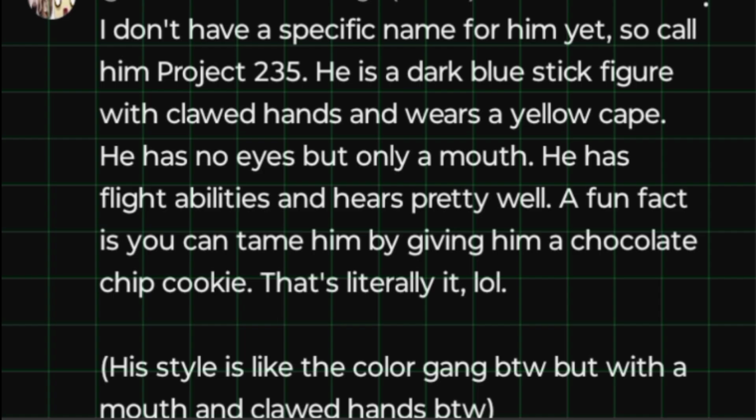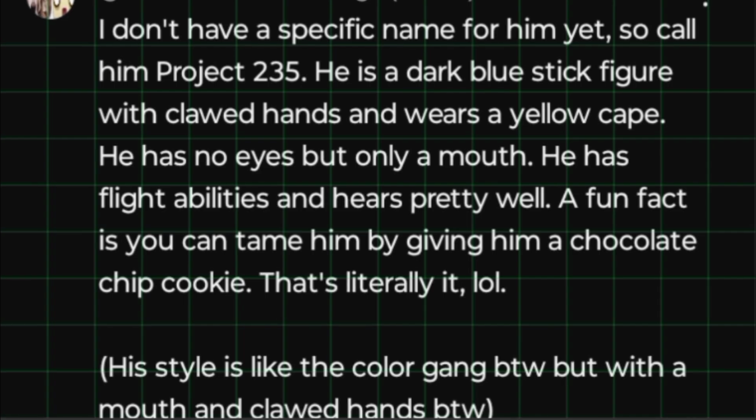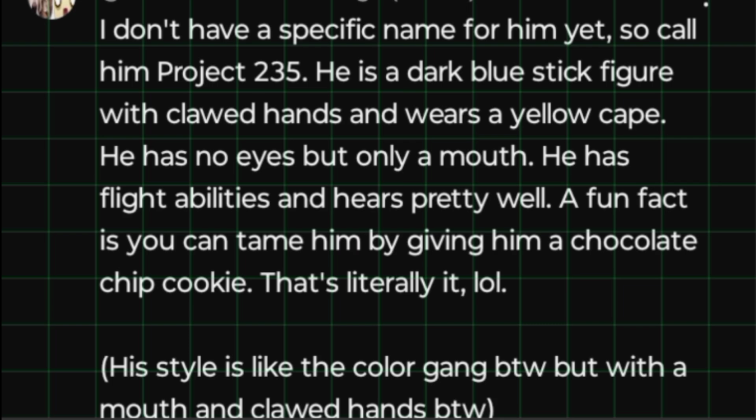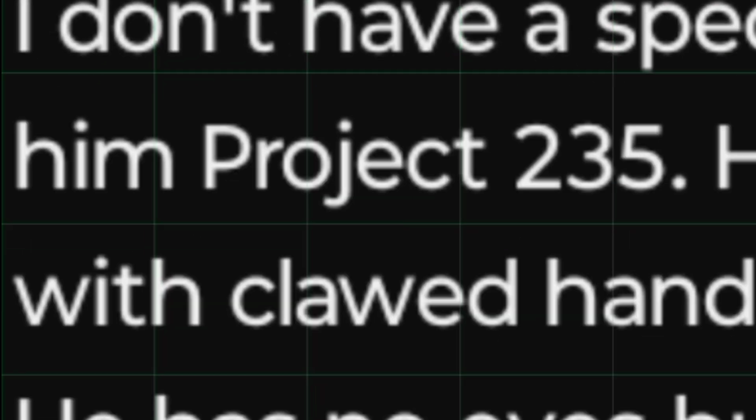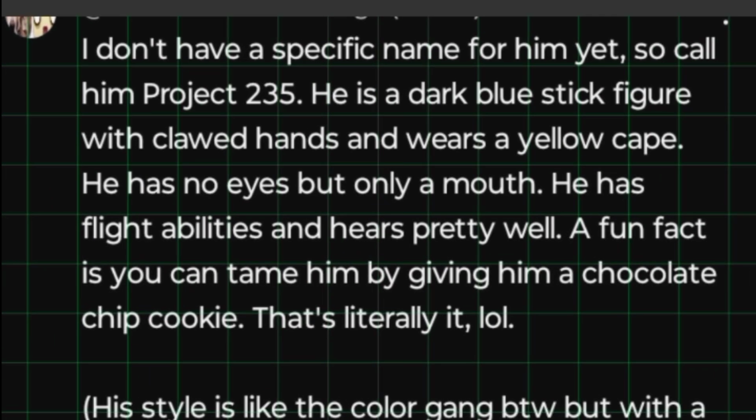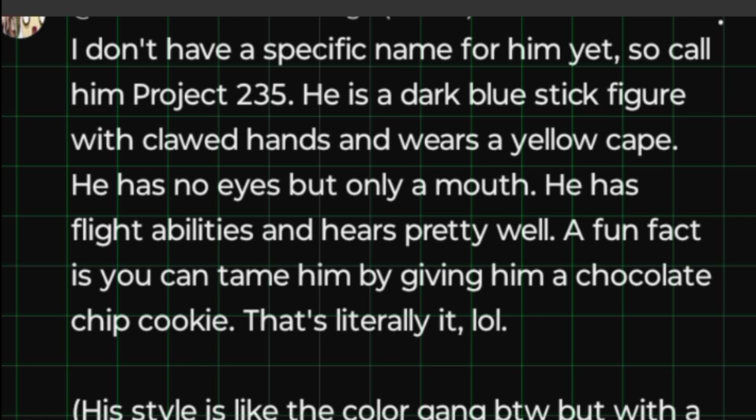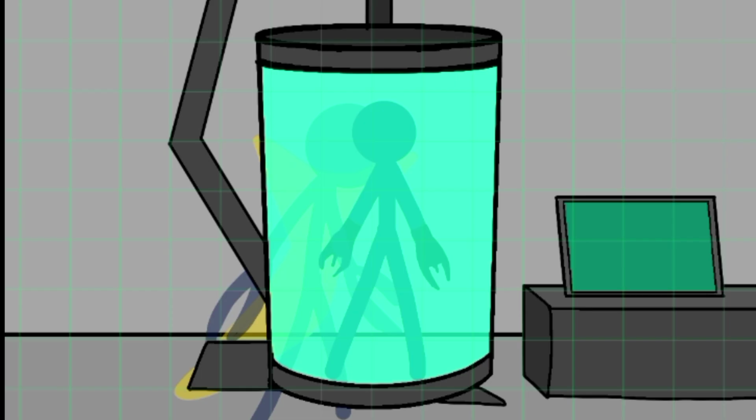This one's going to be an interesting character to make because every time I see the word project mentioned in the character, especially an OC, I always think of a lab experiment or something. There's just something about that word project mixed with a character that makes me think of a lab experiment.